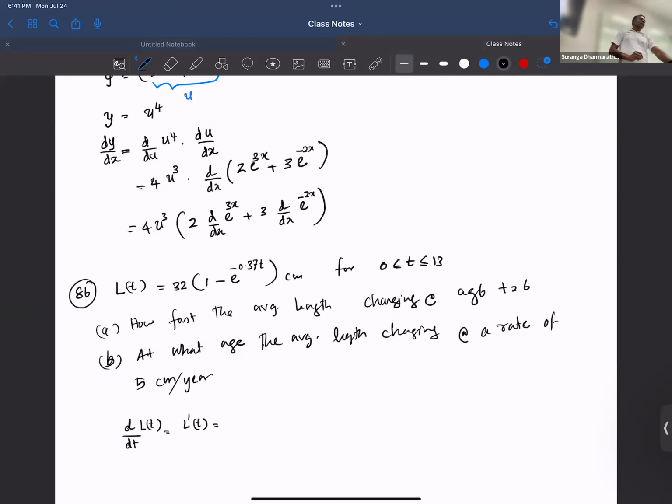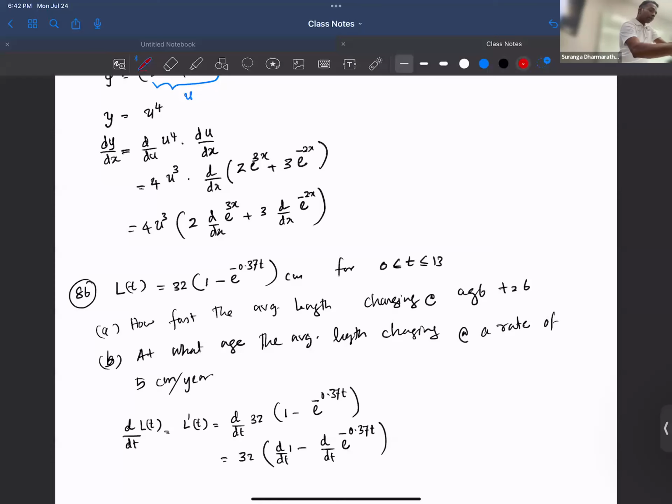It's 32 times 1 minus e to the power negative 0.37t, so d over dt of 32 times 1 minus d over dt of e to the power negative 0.37t.